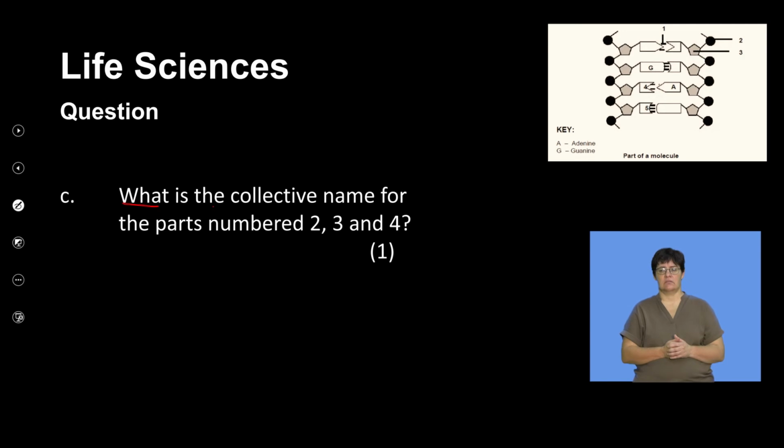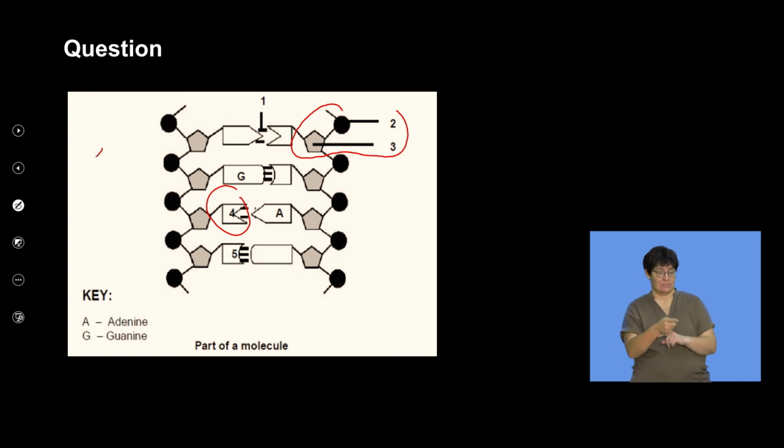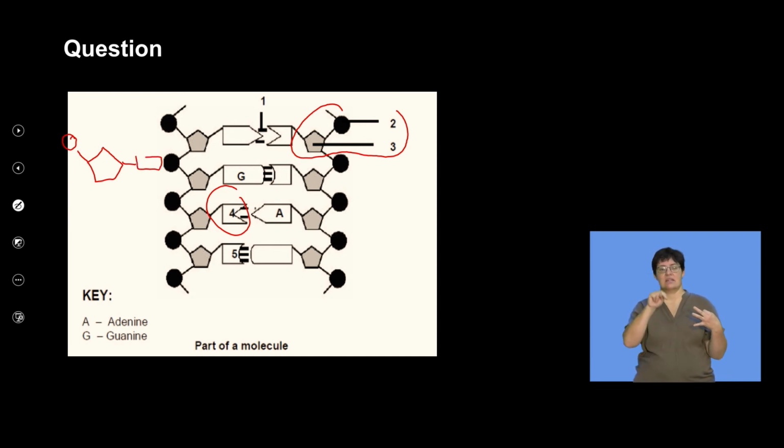What is the collective name for the parts numbered 2, 3, and 4? So we're going to put 2, 3, and 4 together. If we look at them together, we know that a DNA nucleotide consists of 3 parts: a sugar, a phosphate molecule, as well as a nitrogenous base.